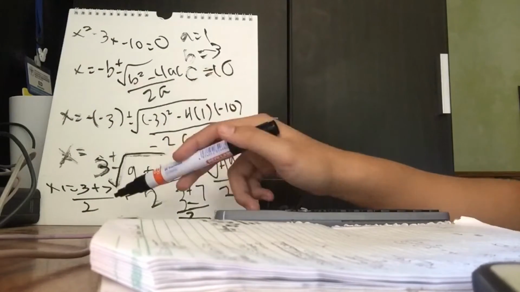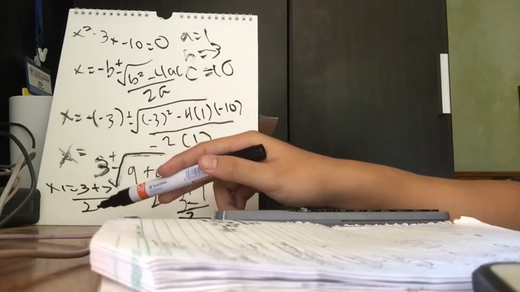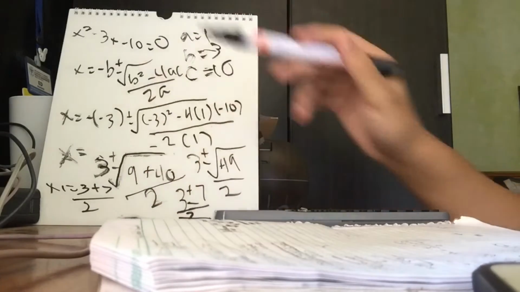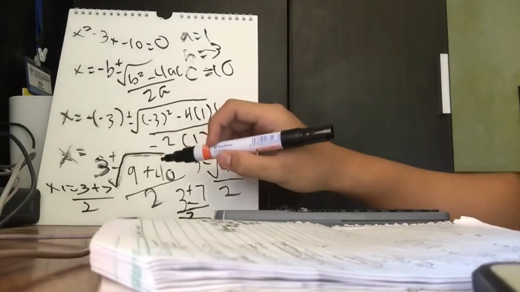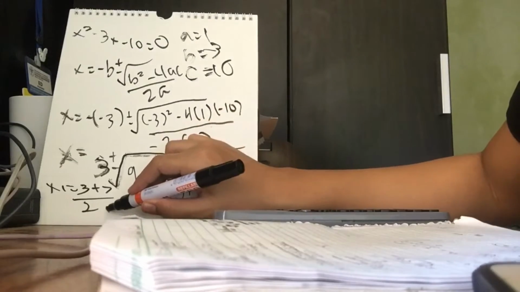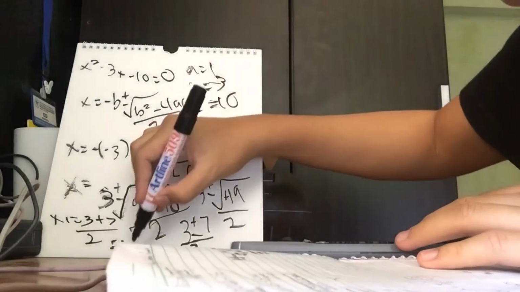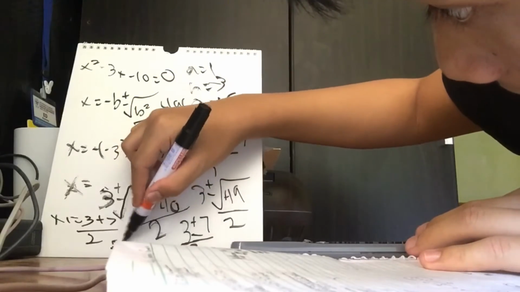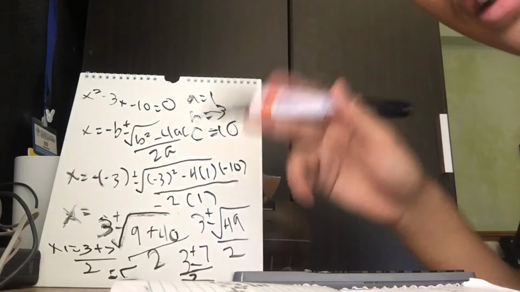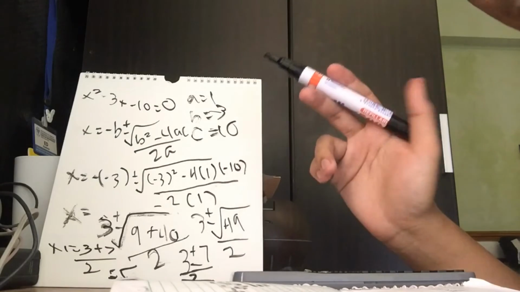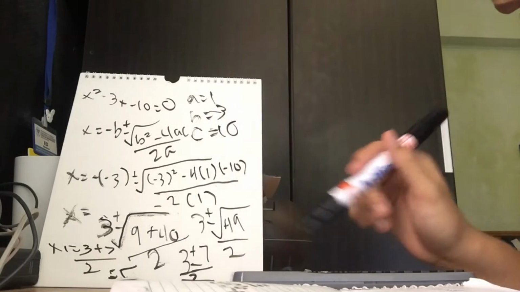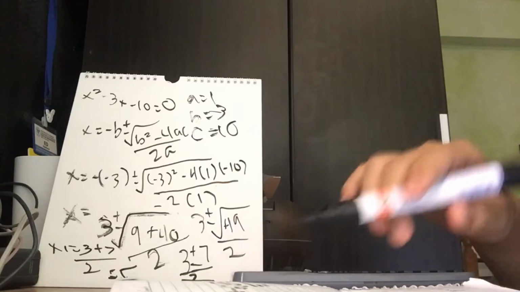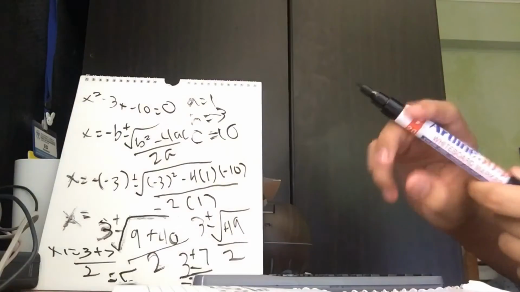So now we're just going to add this and then divide by the 2. So it would become 5. Then our x of 2 is basically the same, except this time we're going to subtract, but we're still going to divide.